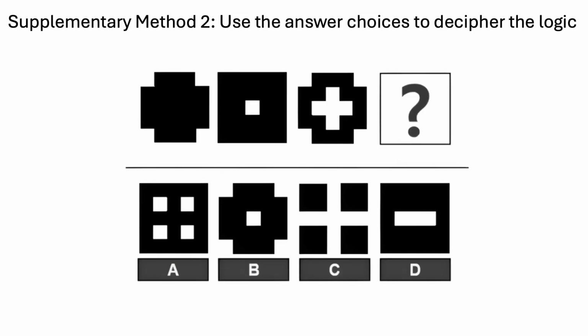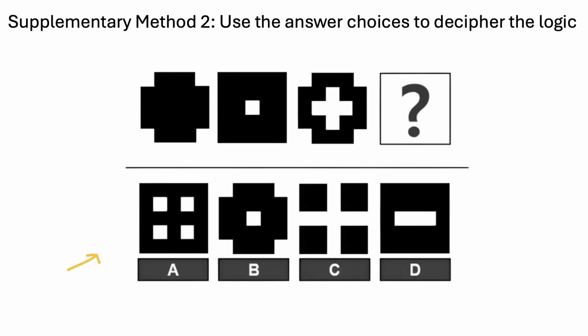Now immediately you might notice that this series can be very confusing at first glance because the black and white patterns are changing drastically. So instead of guessing the rule immediately, you can use the answer options to help build a hypothesis. So step 1, as we've just discussed, is to glance at the answer options to find the first feature.